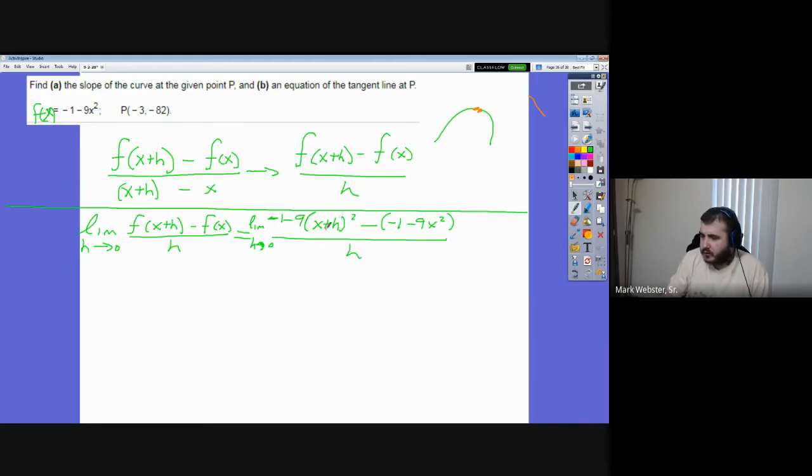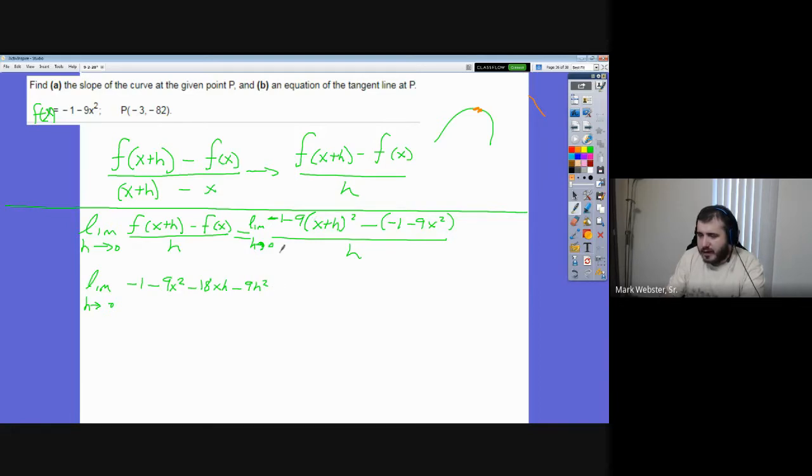Look. So I'm going to just distribute this out, right? Do FOIL, right? And look what I get. I'm going to make sure that I stay writing all this all the time. -1 minus 9x squared minus 2 times, so 2 times 9 is 18, xh minus 9h squared, right?